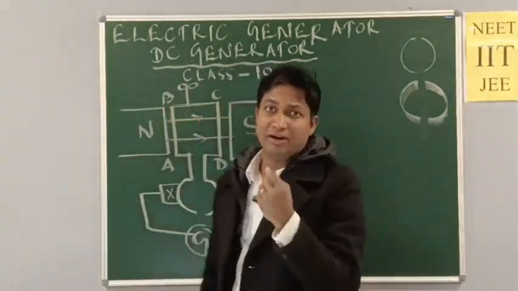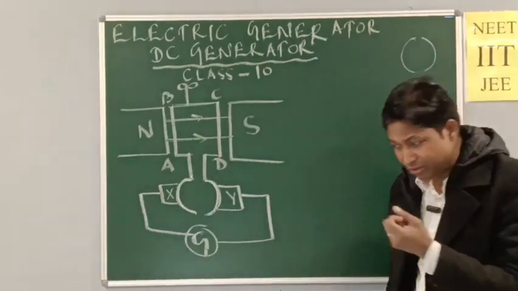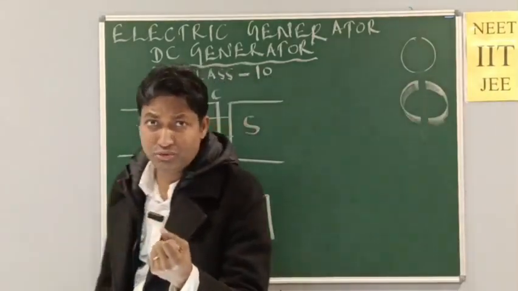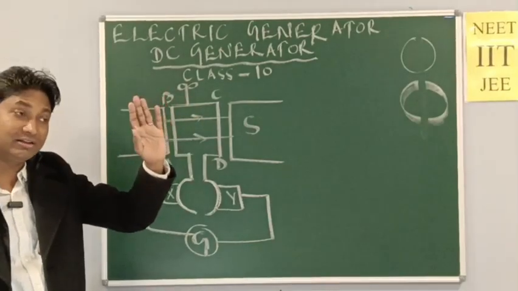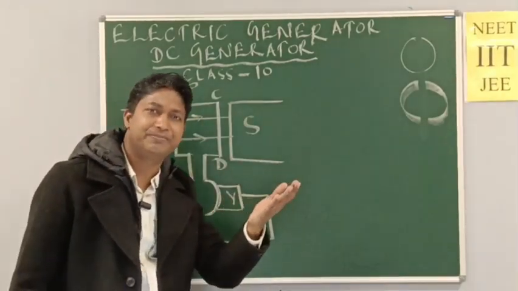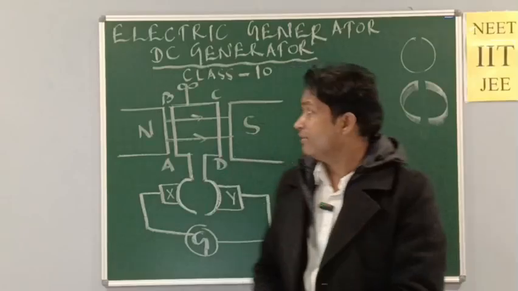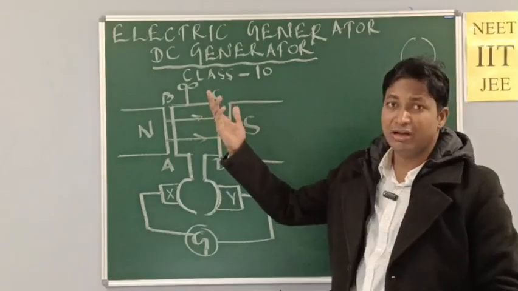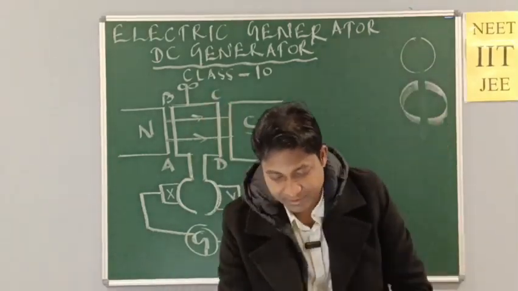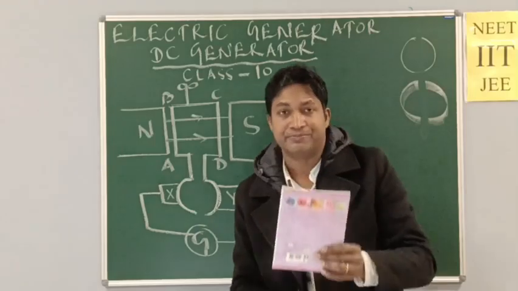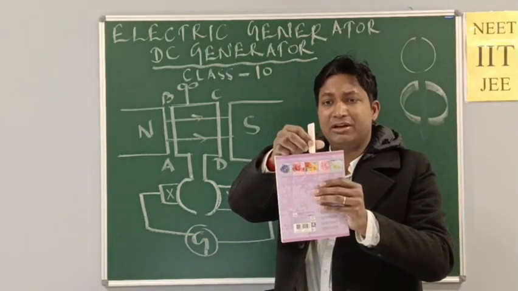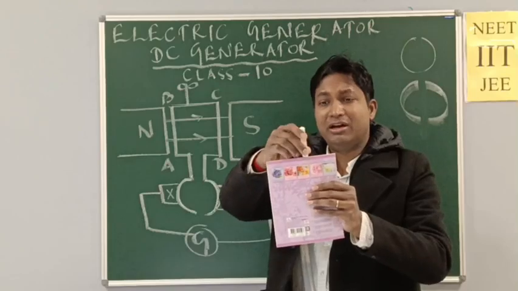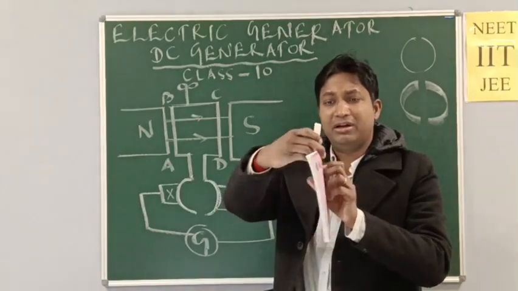Why did you connect a turbine? Very good question. You have the right to ask. Why are you connecting a turbine here? Then we should reply, if the turbine rotates, the coil will rotate. This is the coil, this is the turbine. If the turbine rotates, then the coil will also rotate.